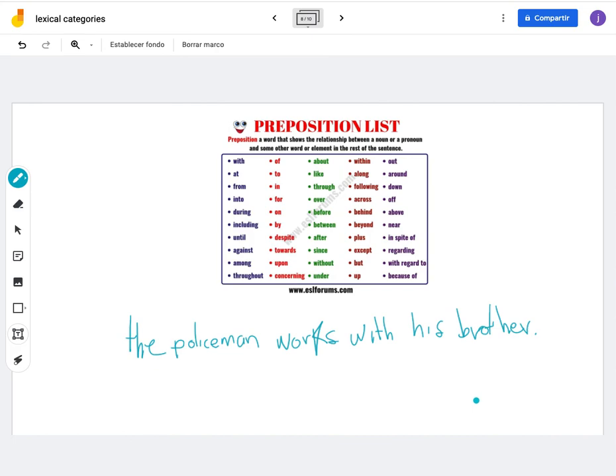So the word with, in another color, is the preposition. The word with is the preposition because it's the link between the noun, in this case policeman, and the complement his brother.